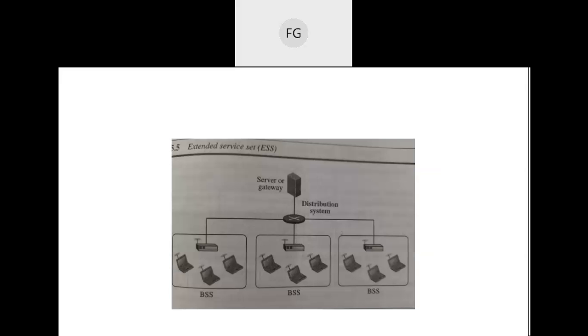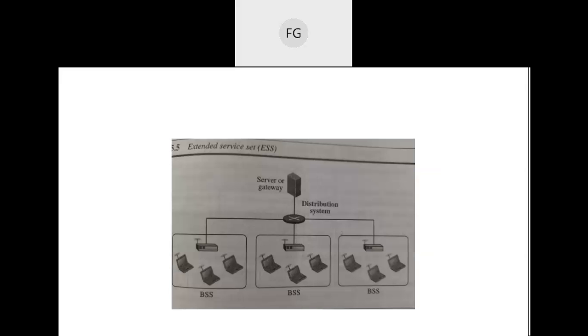In this particular example, we can see that there are three basic service sets and with APs, that is the access points. Here, the basic service sets have the access points. So, each of these basic service sets is an infrastructure BSS, but not an ad hoc BSS.